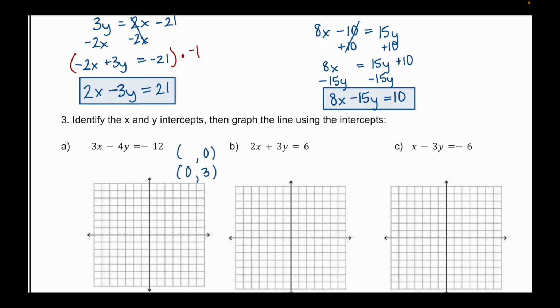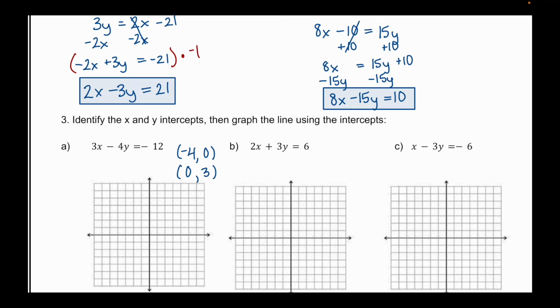And then let's plug in 0 for y. Now, I can get rid of the negative that's in front of it. That's okay. 3x is equal to negative 12. When we divide here by positive 3, we're going to end up with negative 4. And then we're going to graph these pieces.